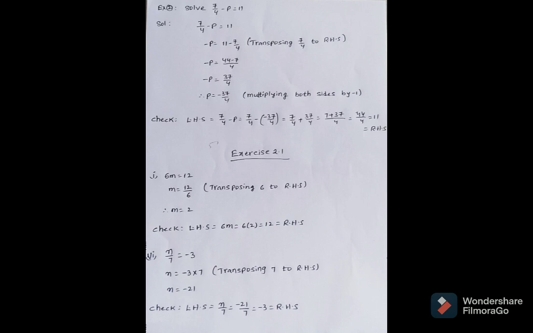That equal to minus 3 7s are 21, minus 21. Check whether it is right or wrong. LHS equal to n by 7. We substitute the n value in this expression. Minus 21 by 7. 7 3s are 21. That equal to minus 3. That equal to RHS. So the solution is right.